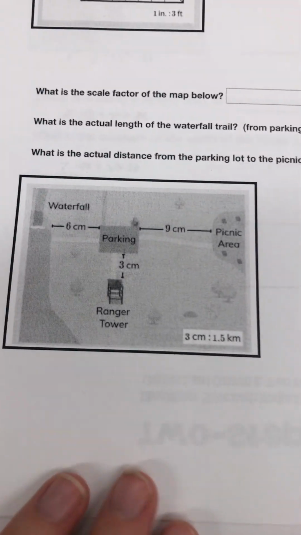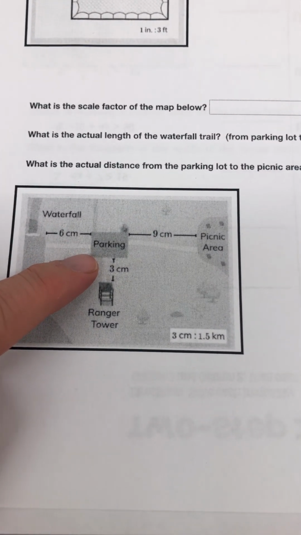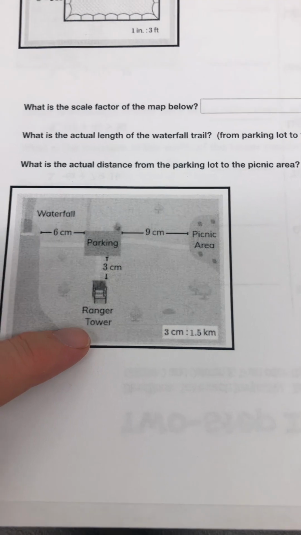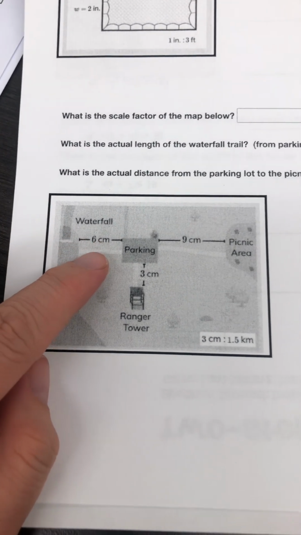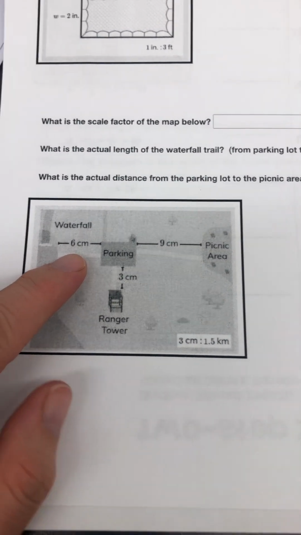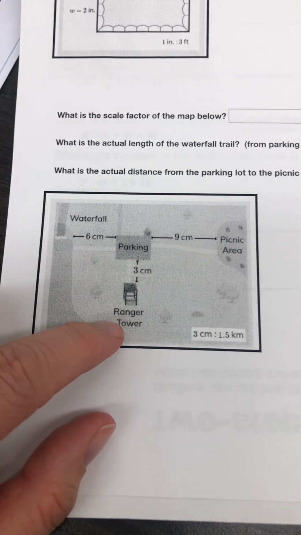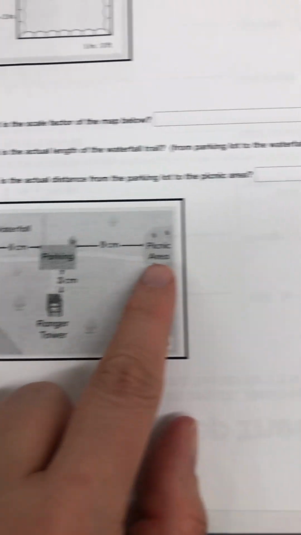The next question gives you a little map that shows parking area, ranger tower, the waterfall, 6 centimeter to the waterfall, 3 centimeter to the ranger tower, and 9 centimeter to picnic area.